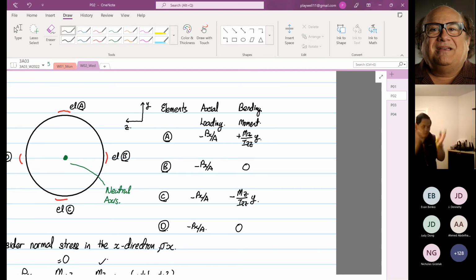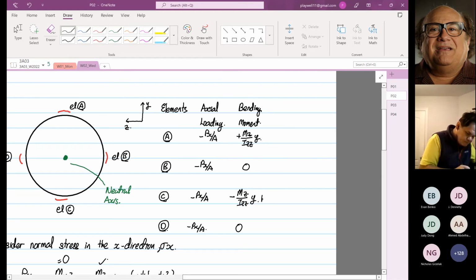And some of you say C, you are right. So number one, the highest stress will occur at element C, then followed by element A, then followed by element B and D. Yes, that sort of ranking. So if you look at the ranking over here, this will have the highest compression.